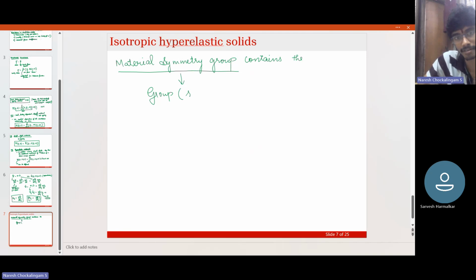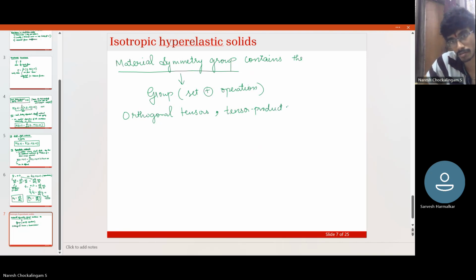So a group is a set plus an operation. So for example, if you look at the set of all orthogonal tensors along with the tensor product operation, this set of all orthogonal tensors with the tensor product operation forms a group, right?